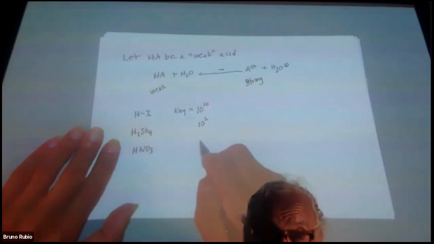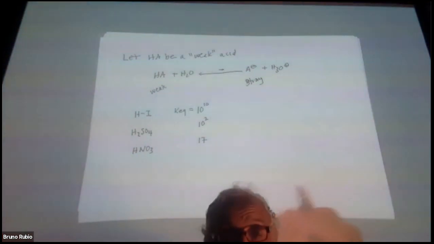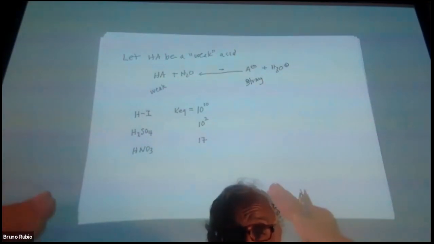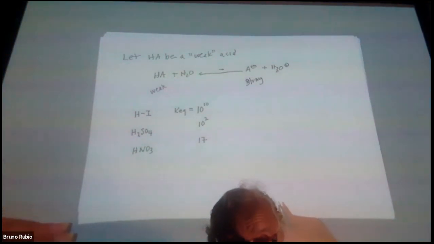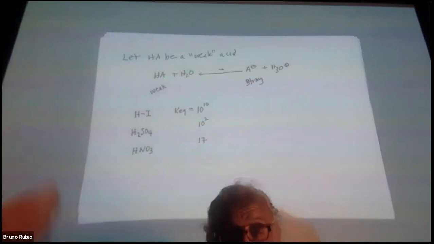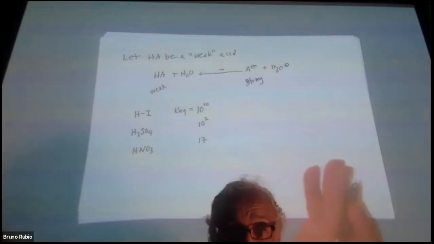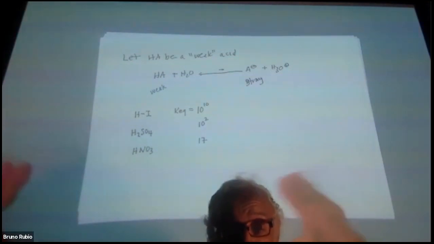Its equilibrium constant is about 17. So it's still greater than 1. Nitric acid is still a strong acid, but when you compare the acidity of nitric acid to hydrogen iodide, it's already 10 orders of magnitude weaker.